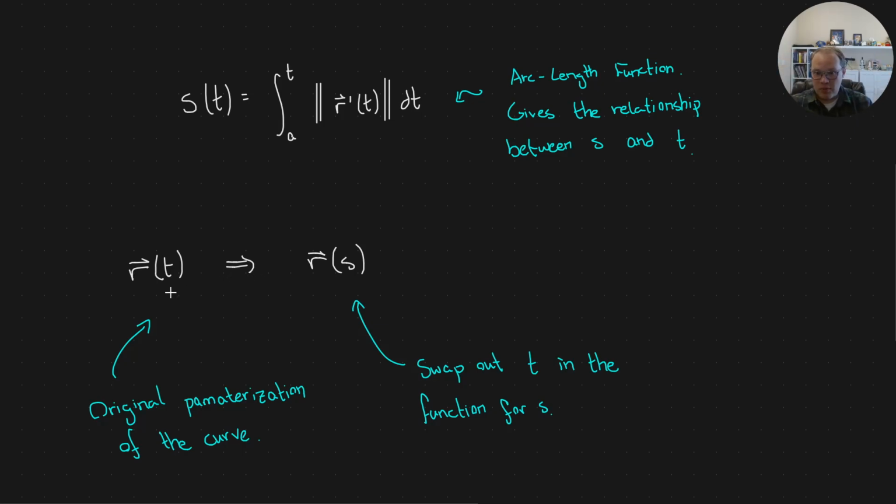With that relationship, we can go to our original parameterization of the curve in terms of t, and swap it out with the arc length parameter s. That will give us a way to traverse the curve using that arc length parameter, and it will make the curve a little bit simpler to work with. It'll allow us to focus on the shape of the curve rather than how fast or slow we're going along the curve. Okay?